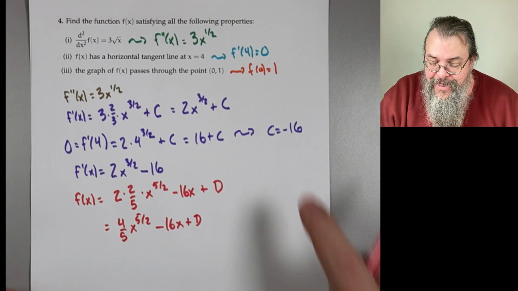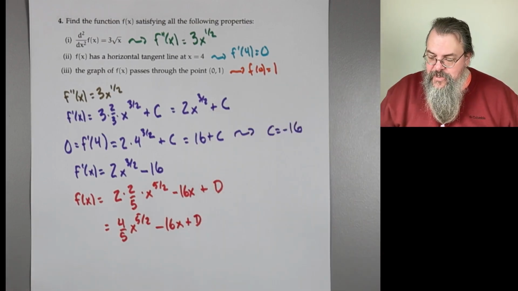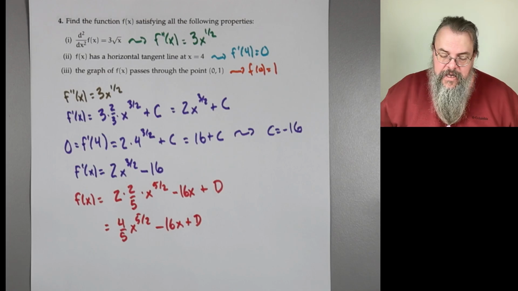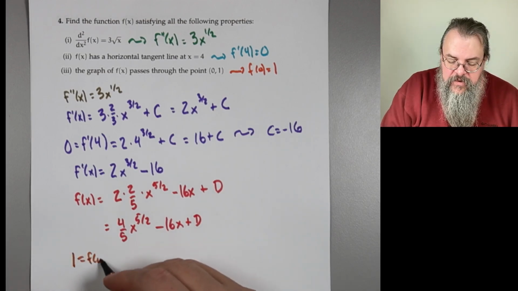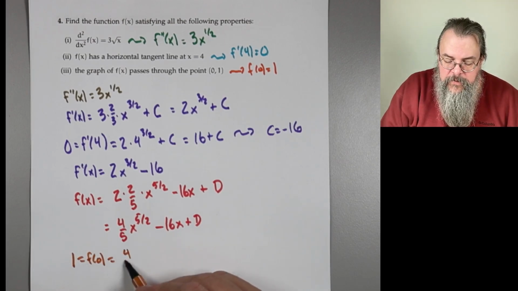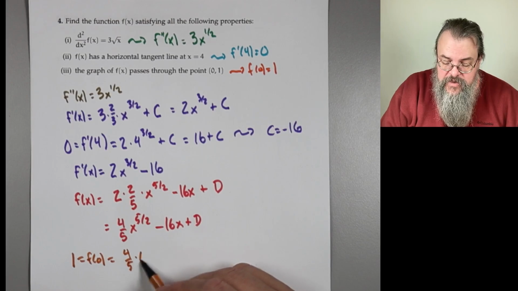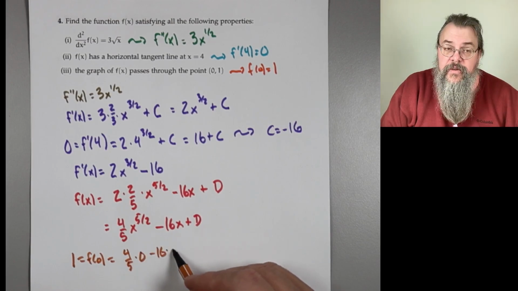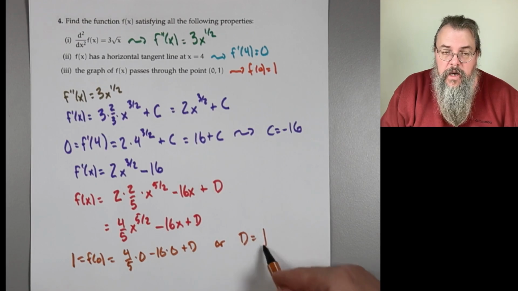But we also know that f of 0 equals 1. All right, let's use that information to our advantage. That says that 1 is f of 0, which is going to be 4/5 times 0 to the 5/2, which is 0, minus 16 times 0 plus d, so d is 1.